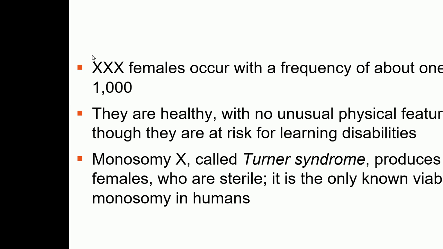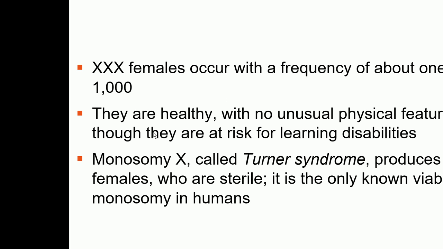Then there are some females which are called XXX sex chromosomes. So they have one extra X chromosome. So they're healthy with no unusual physical features, although they are at risk of learning disabilities.